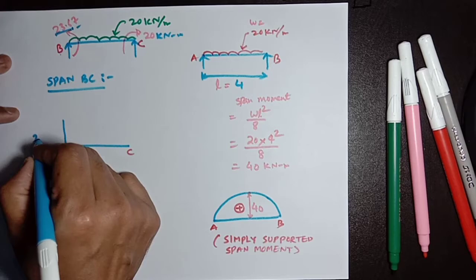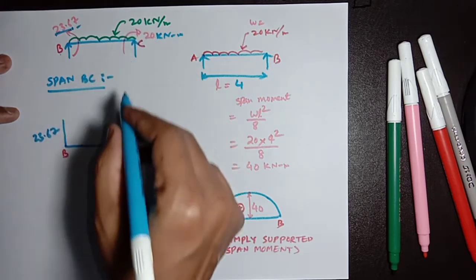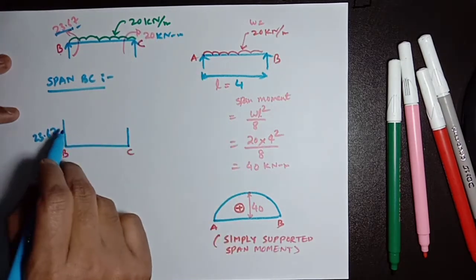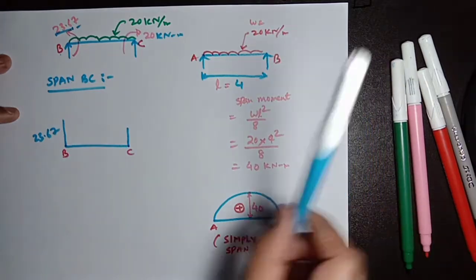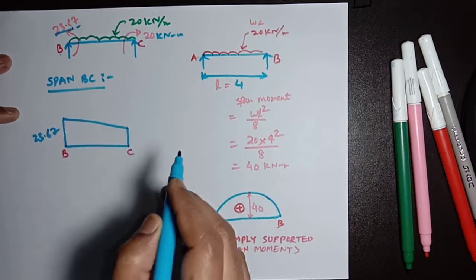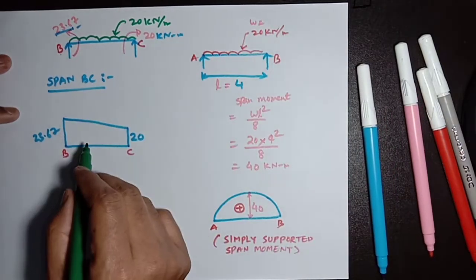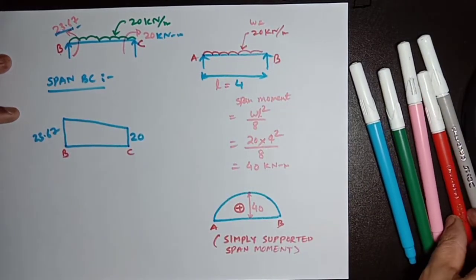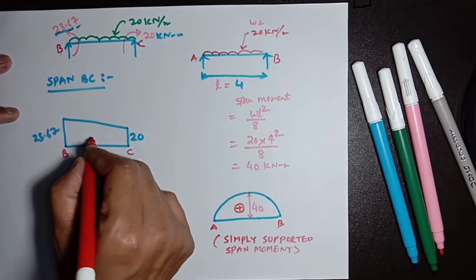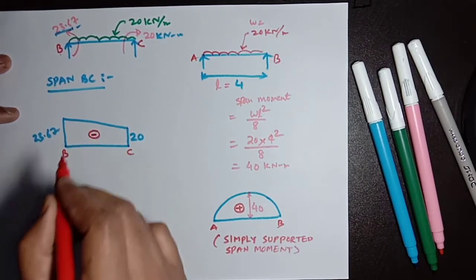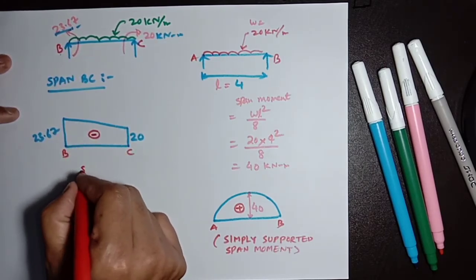It will be 23.67 here and 20 here, connected like this. As per our assumption, support moment is of hogging nature, so it will be with negative sign. This is the support moment.